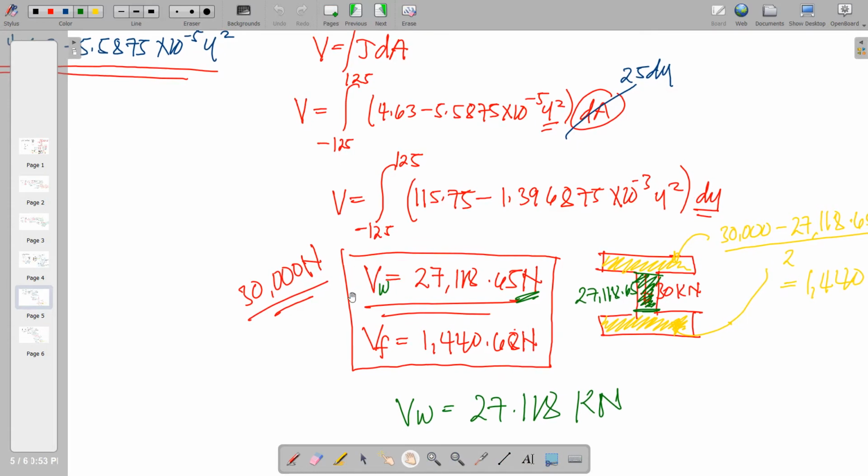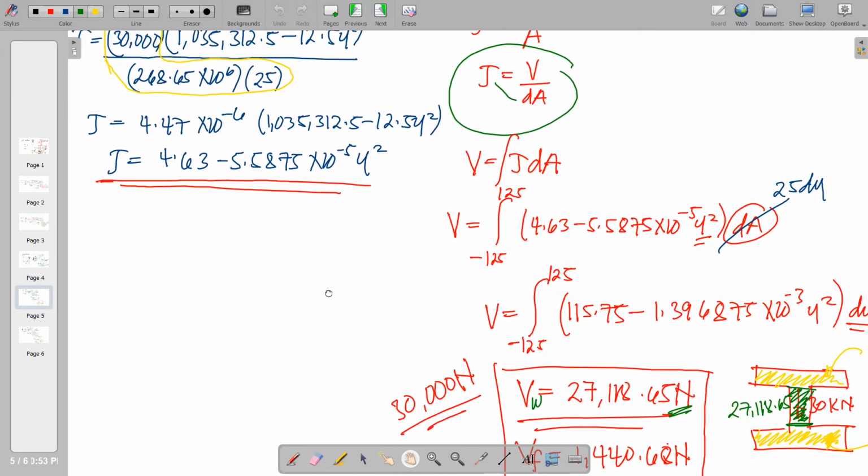Or you may work on the flange first and then just deduct the share of the flange and then come up with the share of the web in carrying the total shear force of 30,000 Newton.